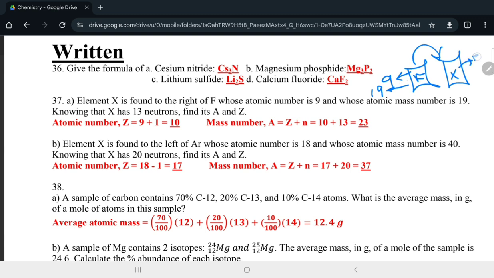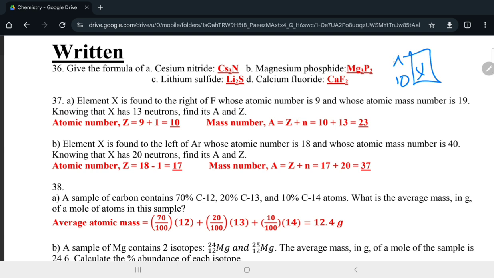X has 13 neutrons. They want the protons and the neutrons. When you go from one element to the next, it increments by 1, plus 1, plus 1. So if this one is 9, then the next one is 10. So X has atomic number 10.